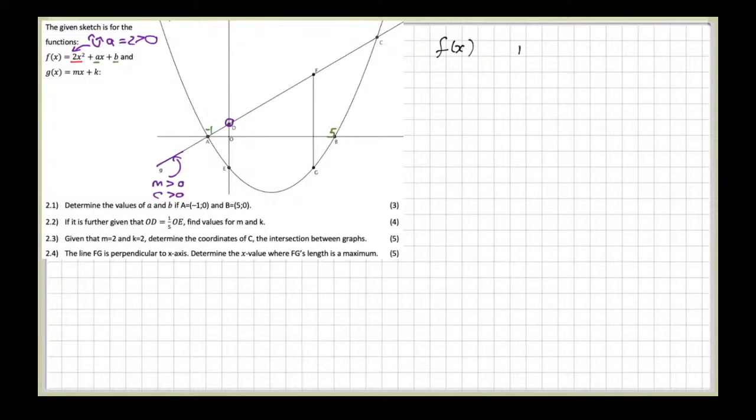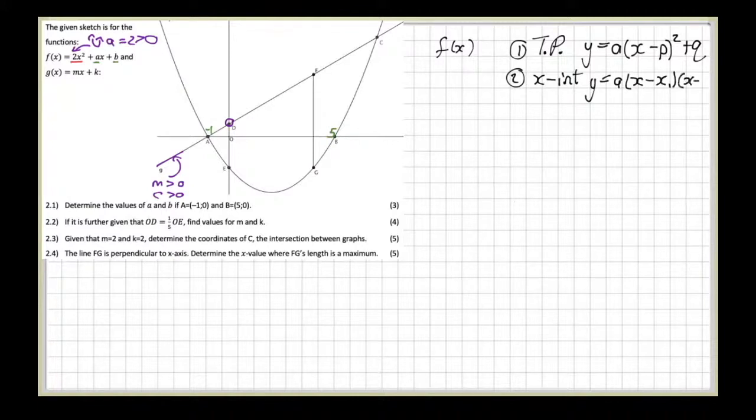Either they're giving me the turning point, where I go towards the equation y equals a(x minus p) squared plus q, or secondly, they give me the x-intercepts, where I go towards the formula a(x minus x1)(x minus x2), or, hope and pray you don't get this one, thirdly, if they give you, in inverted commas, random points.